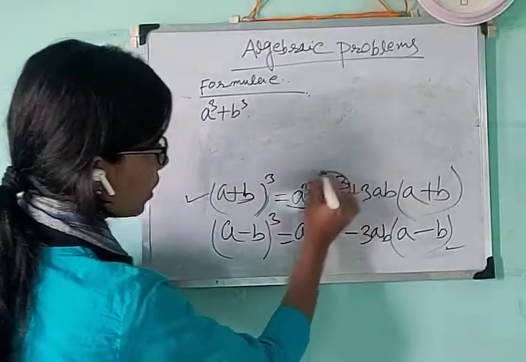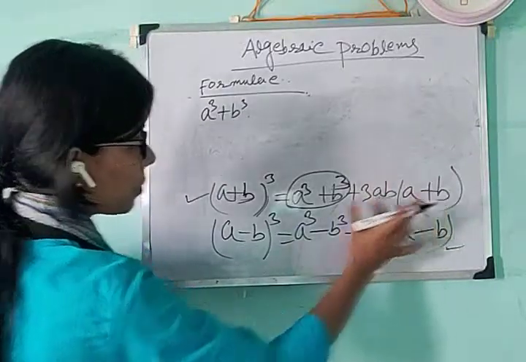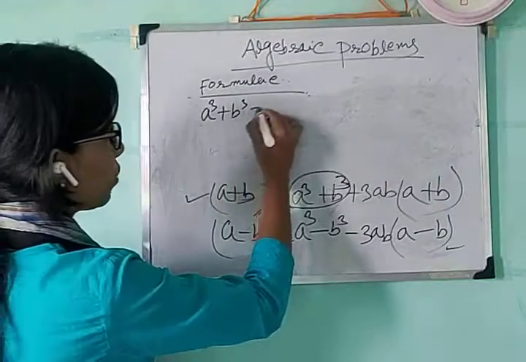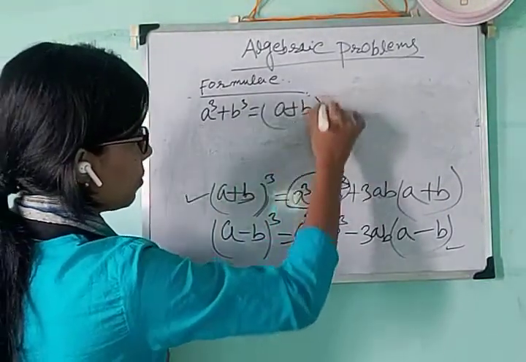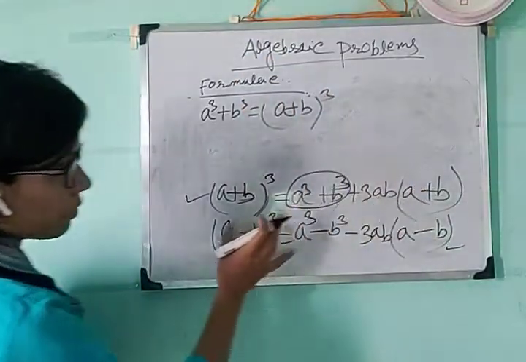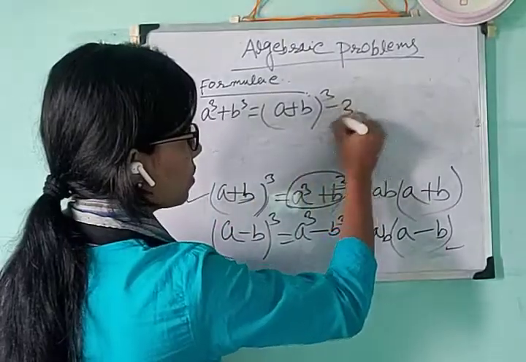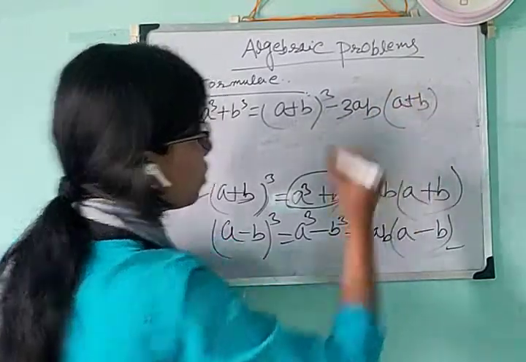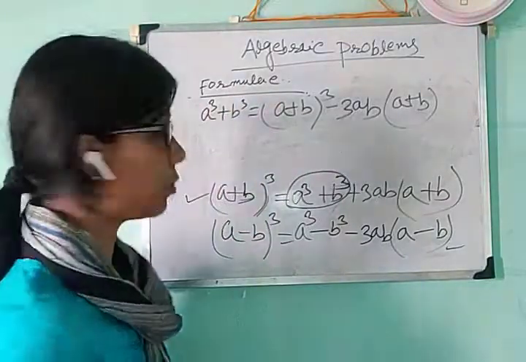If we take the 3ab into a plus b part to the left hand side, then we get a cube plus b cube. So a cube plus b cube is a plus b whole cube, and taking the 3ab into a plus b part to the left hand side, the plus becomes minus 3ab into a plus b. So this becomes the a cube plus b cube formula.